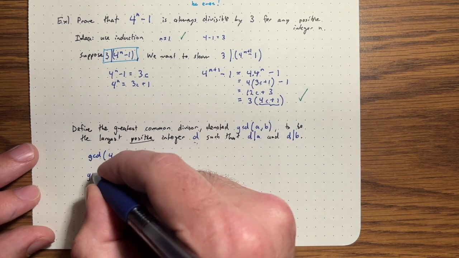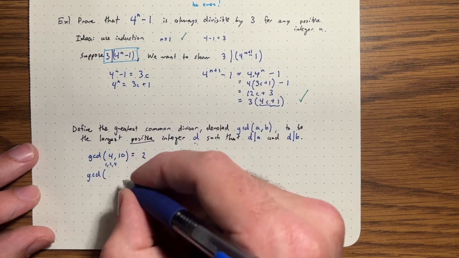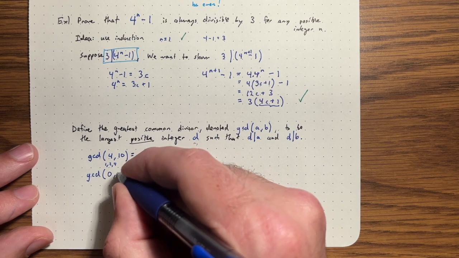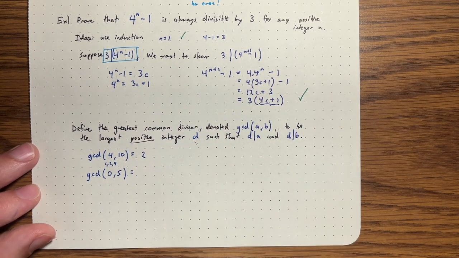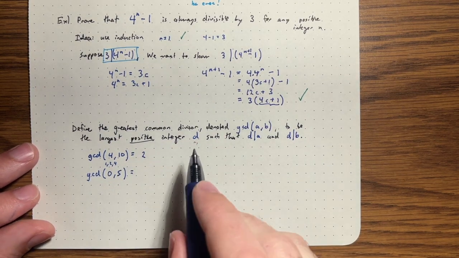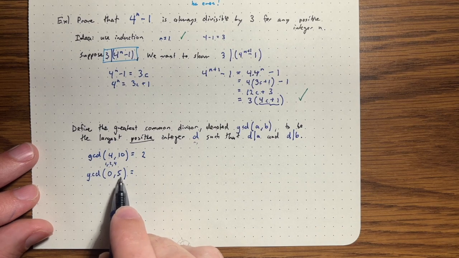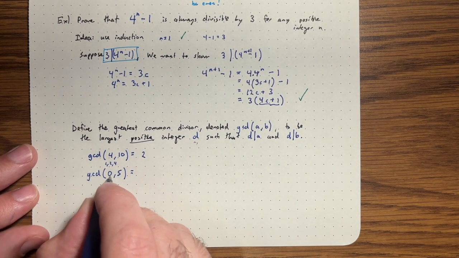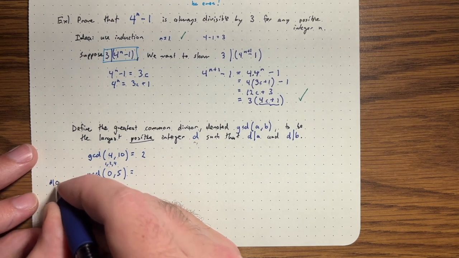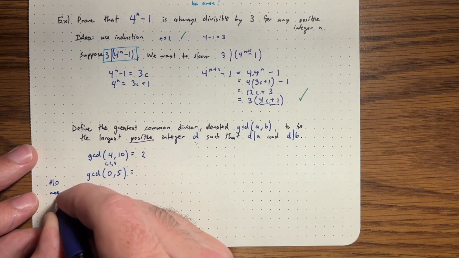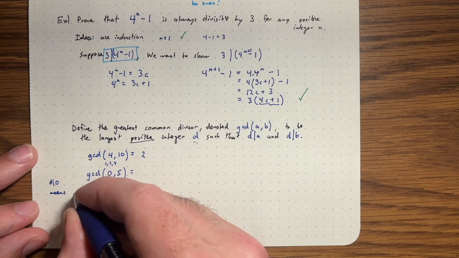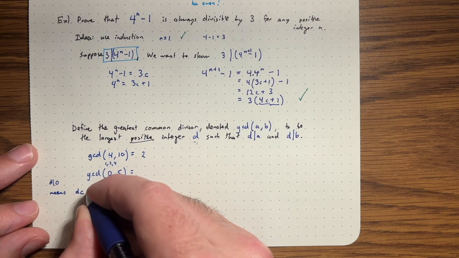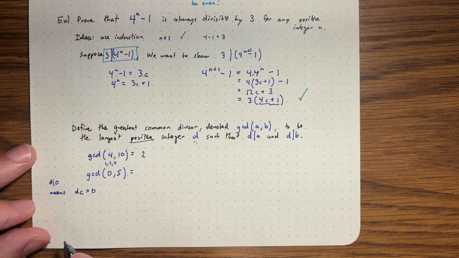Let's do an example with 0. So 0 and 5. These are always tricky to think about. What is the largest number that divides both 0 and 5? Well, what divides 0? So d divides 0 means, let's remind ourselves again, that there's some c such that dc equals 0.